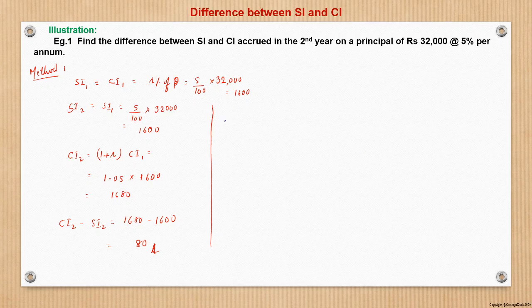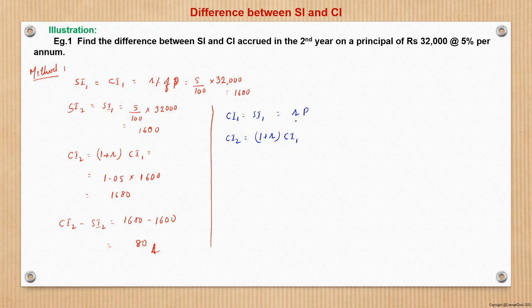Now let us see what is there. We know that CI1 is equal to SI1, and CI2 is (1 plus R) times CI1. And CI1 and SI1 is what? R times P, right? Principal.